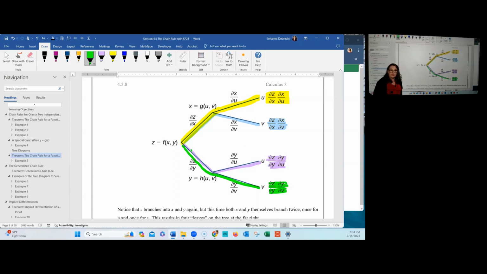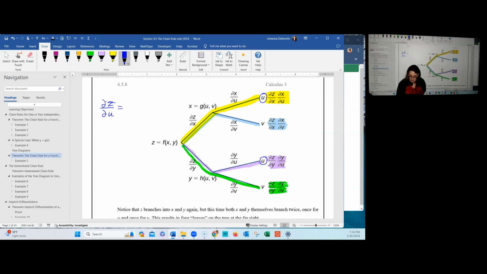How do I apply the chain rule then? The chain rule is going to tell me which path to follow to get my different partials. In this case, if I want the partial of z with respect to u, and let's write that up here, the partial of z with respect to u, then I need to come to all the branches that lead to u.